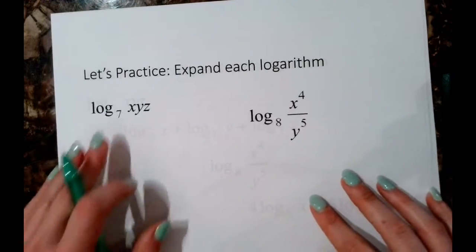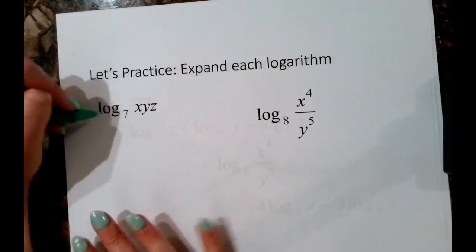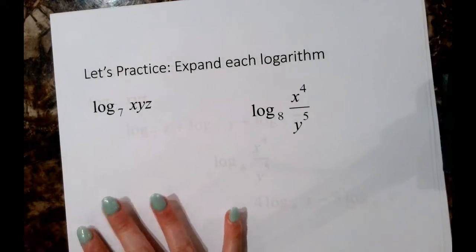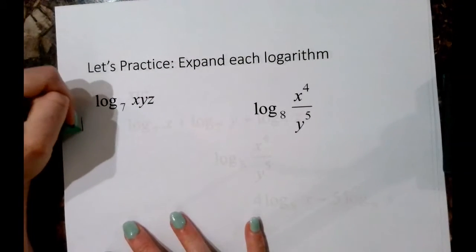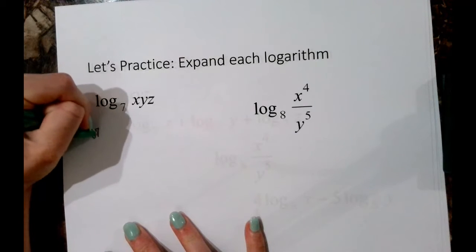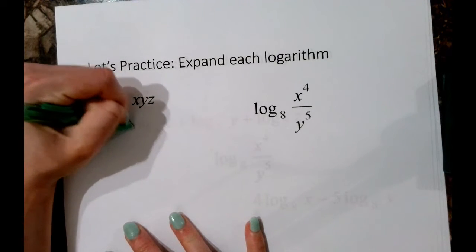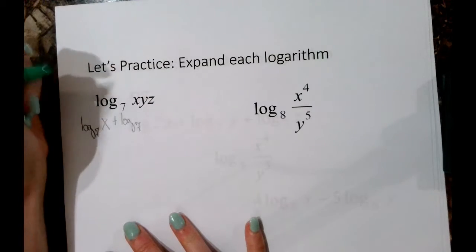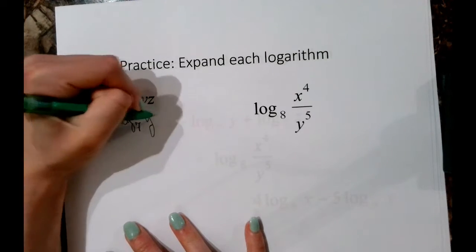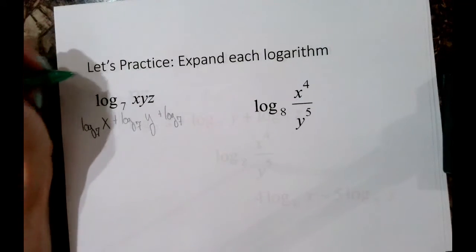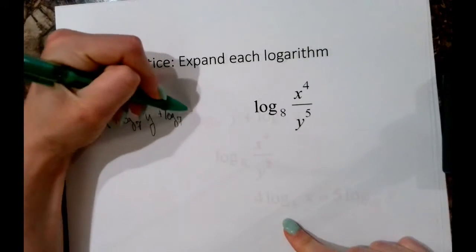Alright, so let's practice expanding these. I see that this is multiplication, so I can separate them using addition. So we'll take log, and we keep our base the same, of our first piece, plus log of our second piece, plus log of our third piece.